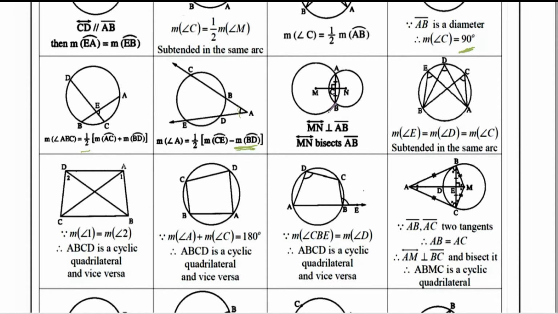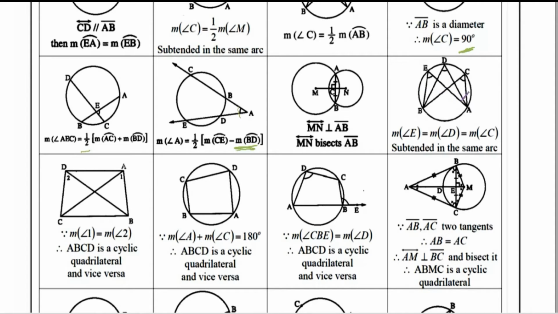Yes, it is a common chord between the two circles M and N. So the line of centers MN is perpendicular to the common chord and bisects it. So you notice that MN is perpendicular to AB and bisects it.